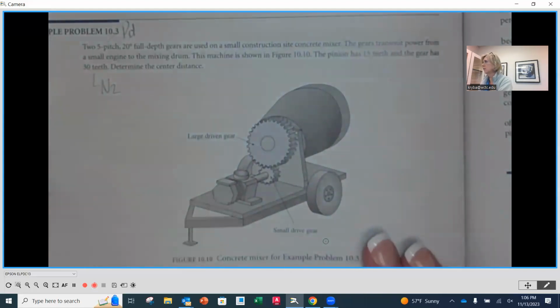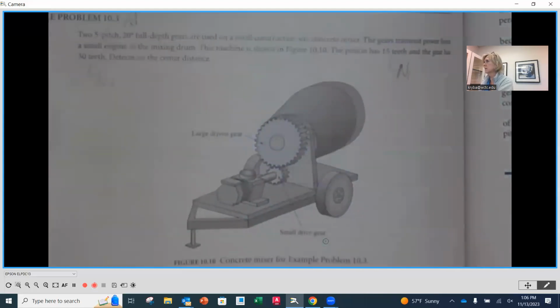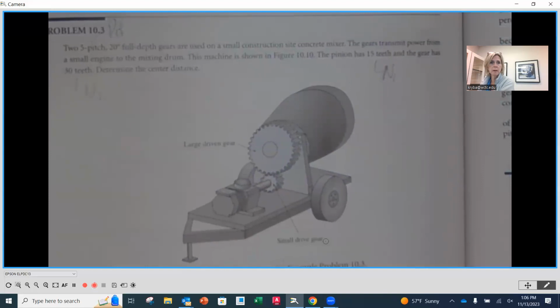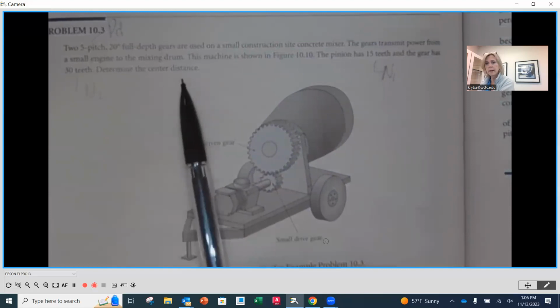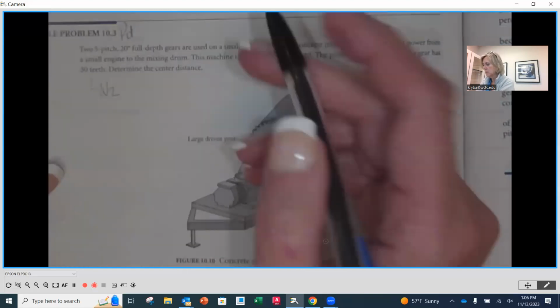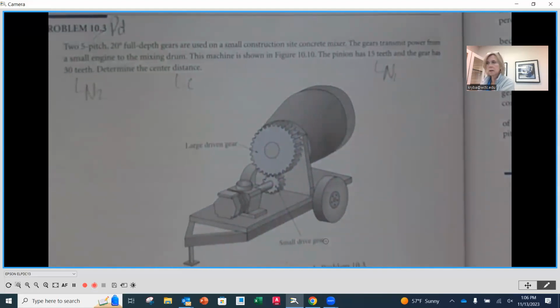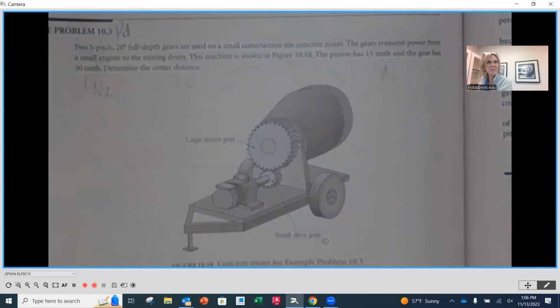I know that overhead is sometimes hard with that. So N1 and N2. We know the diametral pitch of each one of these gears has to be the same between them, and we know the number of teeth on each. They want us to determine the center distance. So this is C. Lucky thing, we just talked about that.